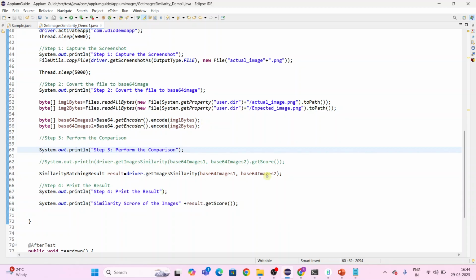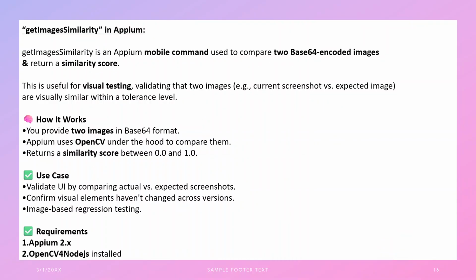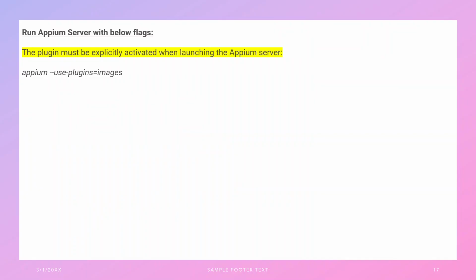We need to note here that when we are working with these images, we have to run the Appium server with the flag called use plugins. We need to start the Appium server explicitly with the plugin called images.